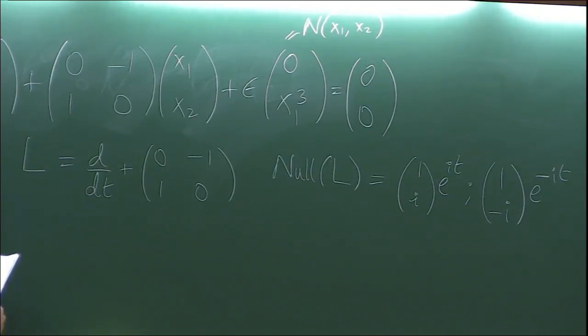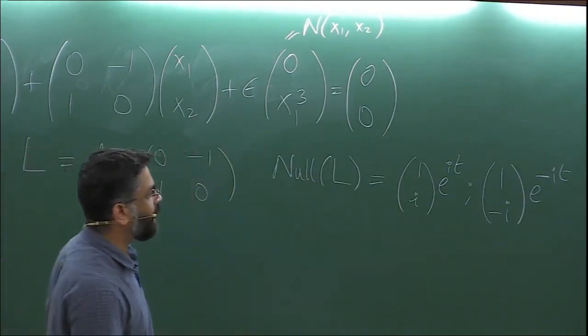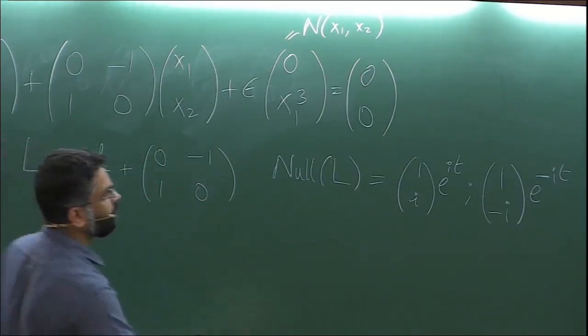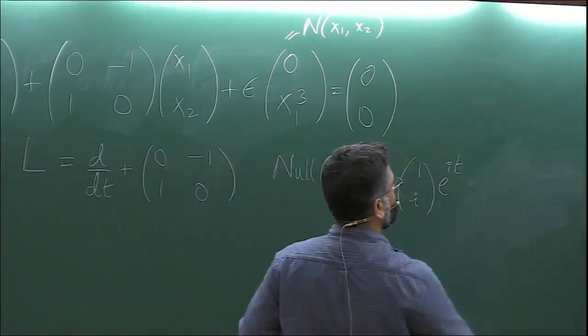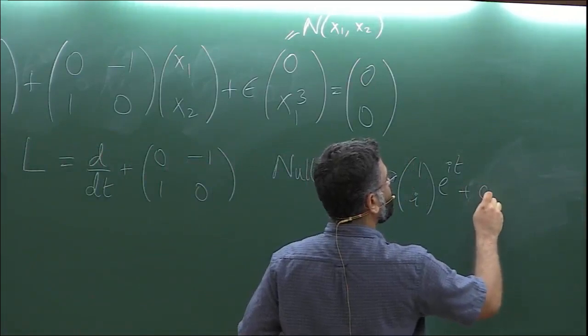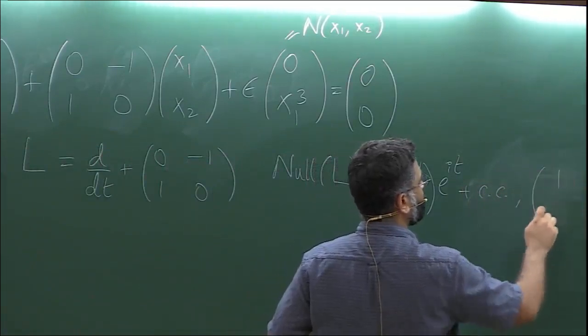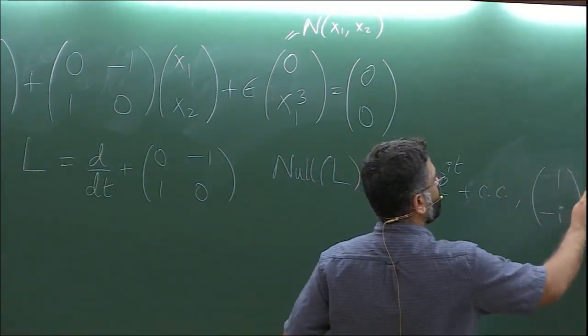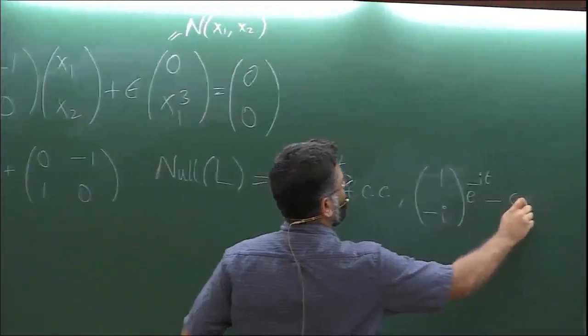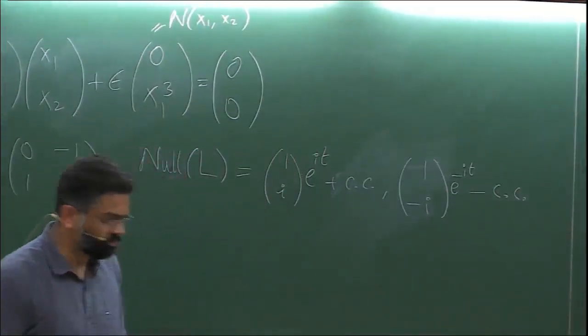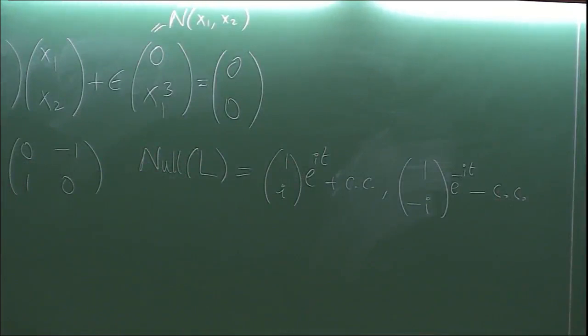Okay? All right, so I have this. I would be interested in real valued solutions, so maybe I do this. Yeah? I can take this linear combination for real valued solutions.